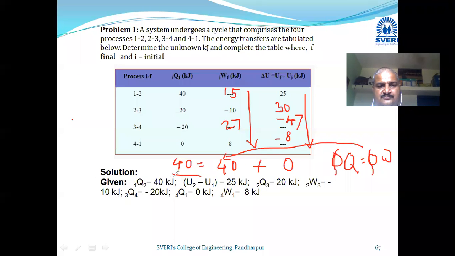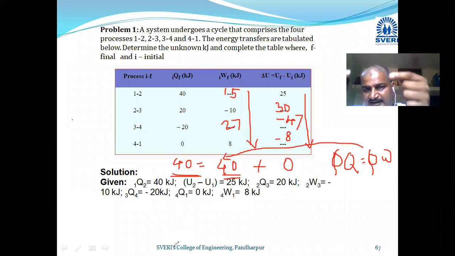Q of the total process is 40, and W of the total process is also equal to 40. Means heat and work involved throughout this cyclic process are the same. Means whatever values we have calculated by using the first law of thermodynamics, all values are correct.